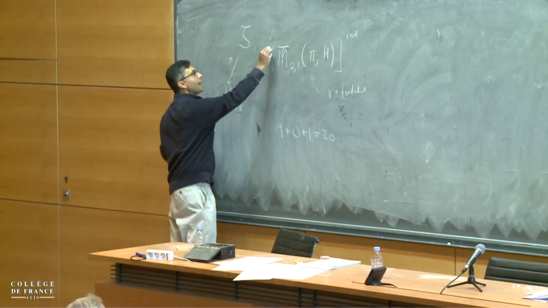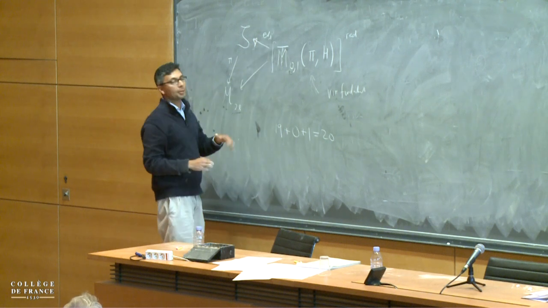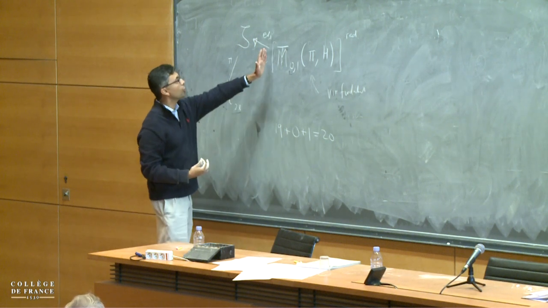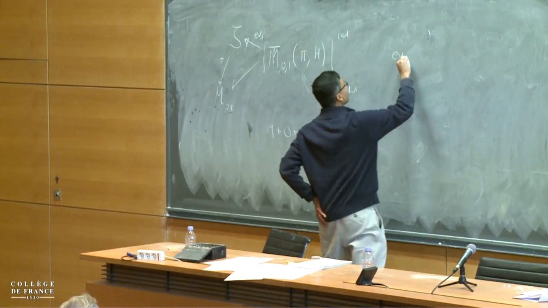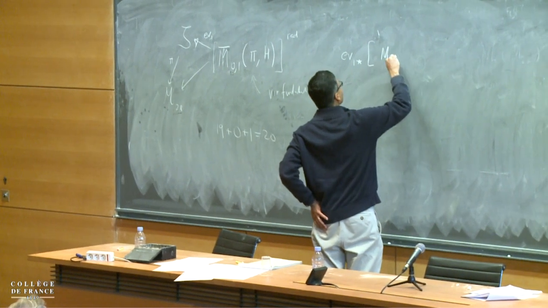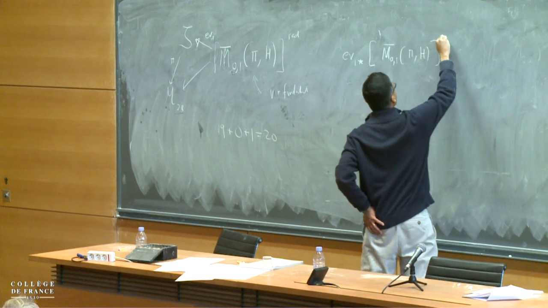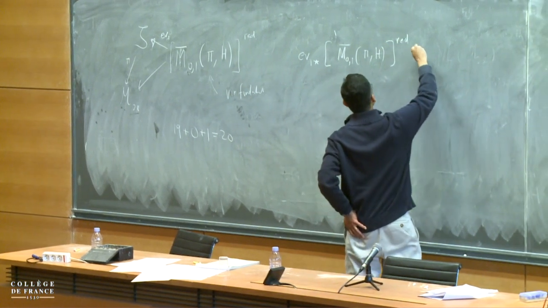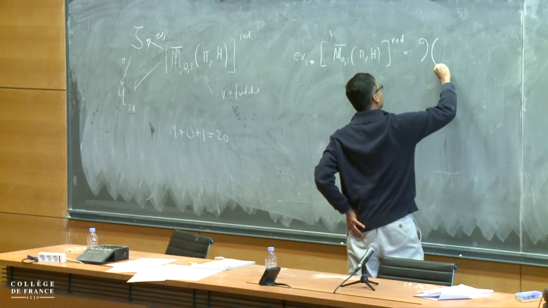And there's a proper map, the evaluation map at the point. We have one marked point and we evaluate it. So if we push forward this, this gives me a beautiful class, which now I try to change the font.